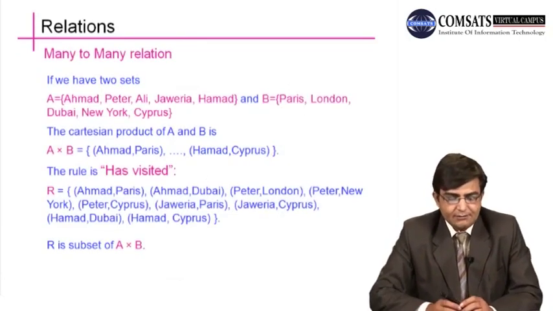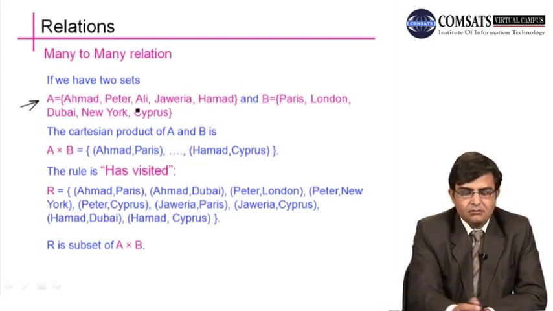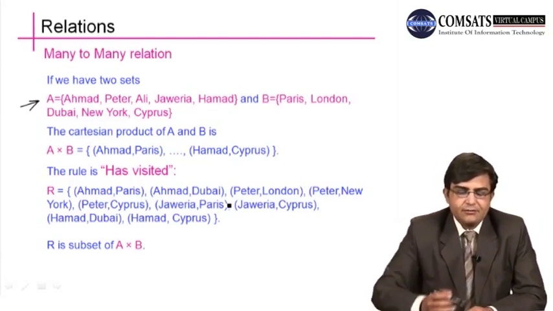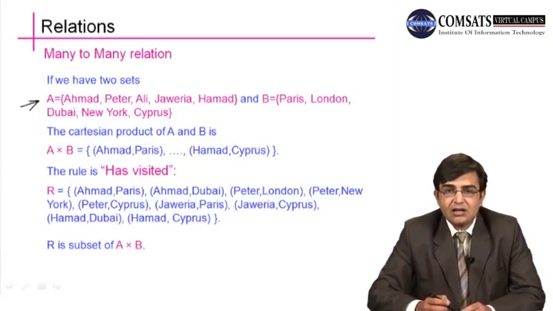Now we discuss many-to-many relations. If we have two sets, A, where A is the set of people, Ahmed, Peter, Ali, Javeria, Hamad, and B is the set of places, Paris, London, Dubai, New York and Cyprus.